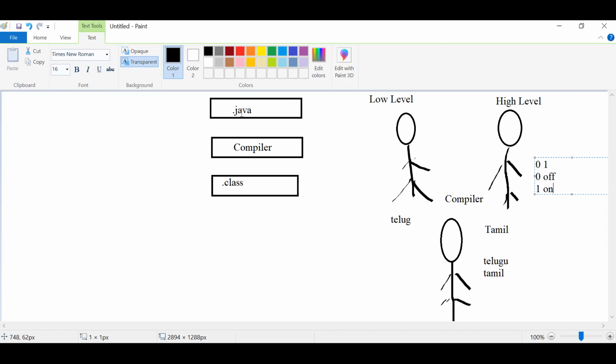For that purpose, before Java, first you have to know C and C++ programs. C and C++ programs are also compiled through bytecode only.